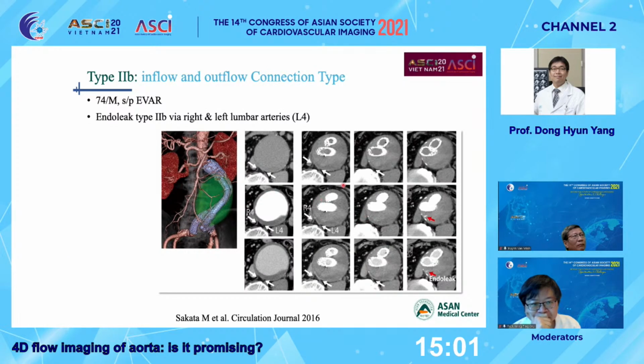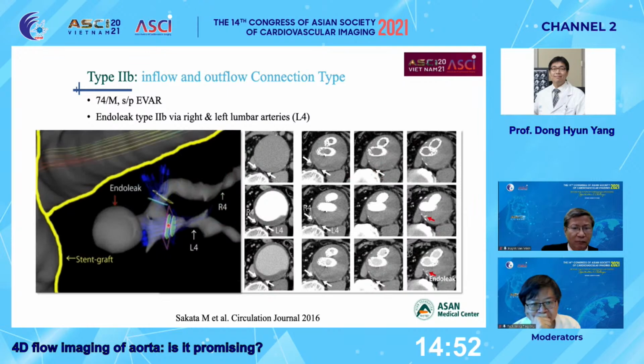In this case, a type 2B endoleak was caused by lumbar artery branches. On 4D flow MRI, endoleak flow comes from the left lumbar artery branch and goes to the right branches.